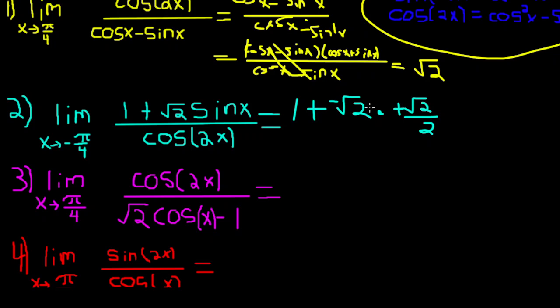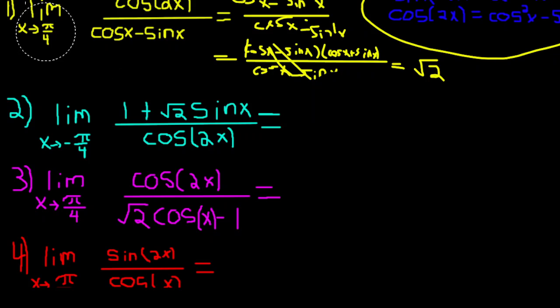And this whole thing cancels out to 1. So the numerator is 0. The denominator is cosine of pi over 2, which is also 0. Dang it.